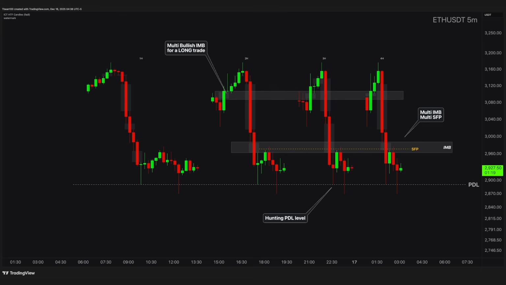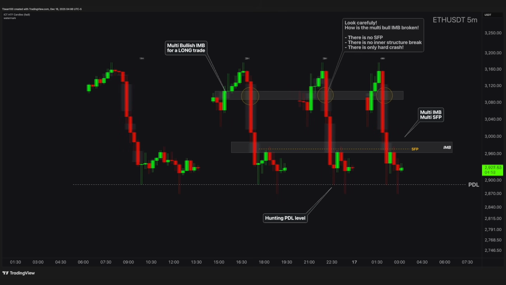However, if you look above this area, you will notice multiple bullish imbalances sitting overhead. I think this also looked like a solid area where someone might consider taking a long trade. However, if you look more carefully at this zone, there is no swing failure pattern or any type of rejection wicks.